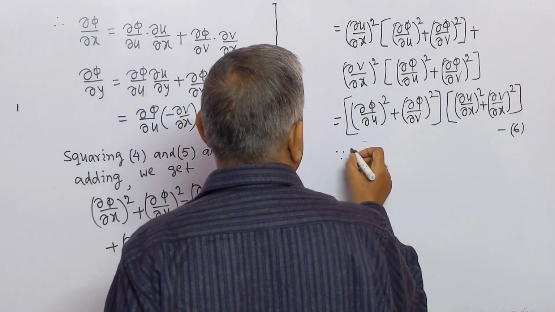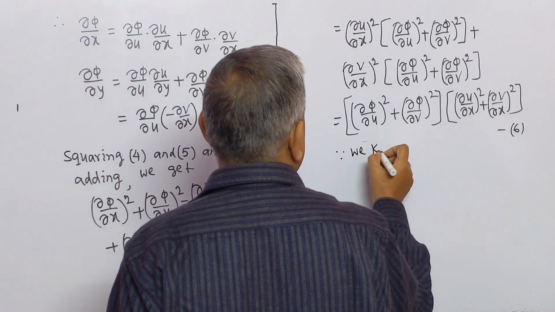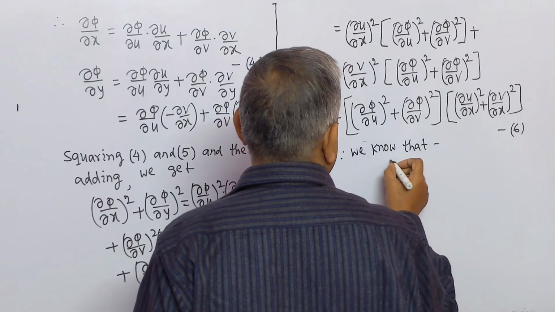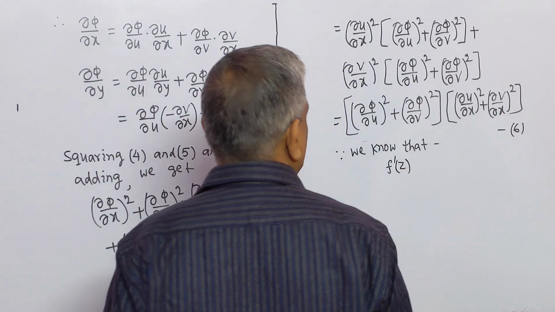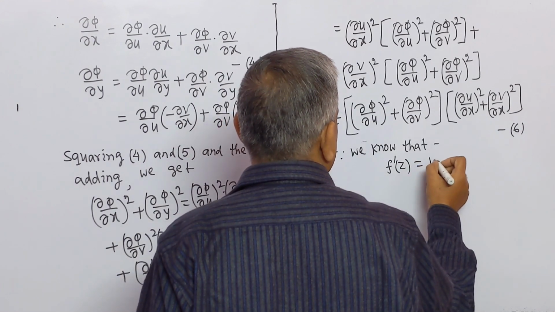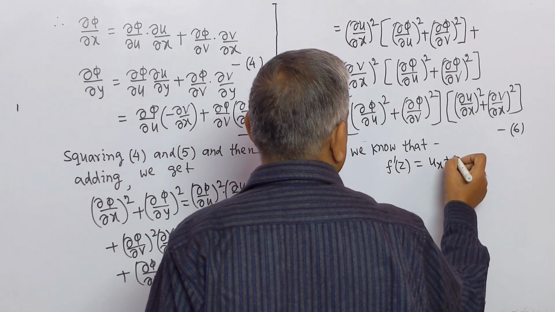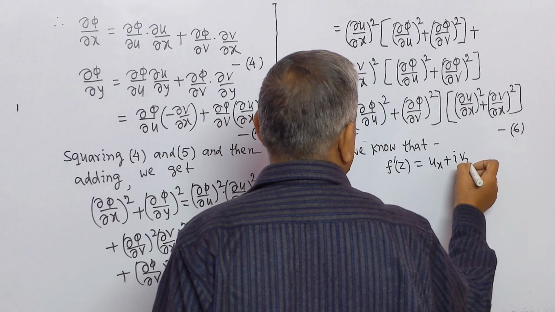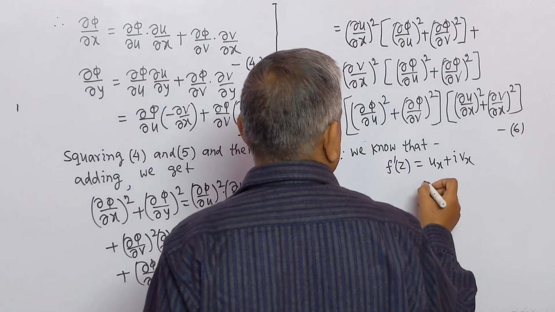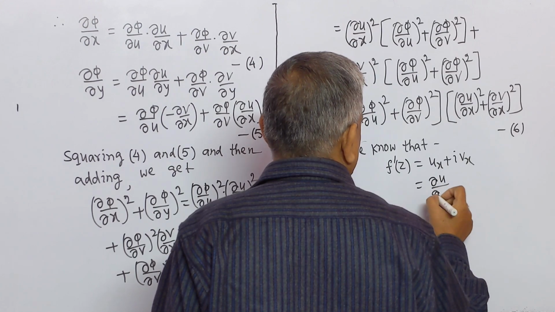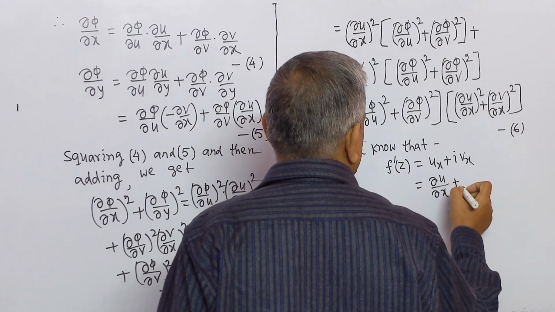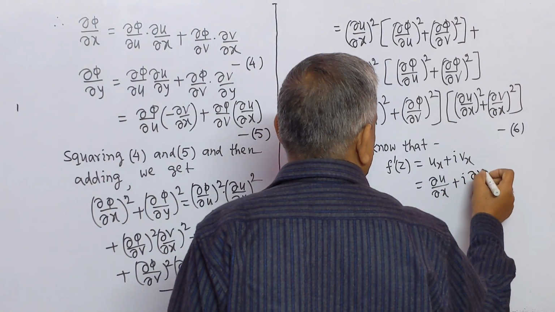Since we know that the derivative of f(z), f prime z equal to ux plus i vx, that is del u by del x plus i del v by del x.